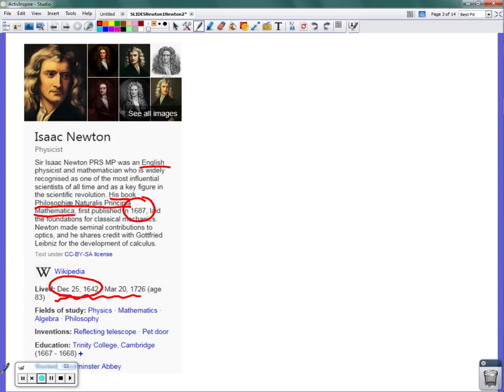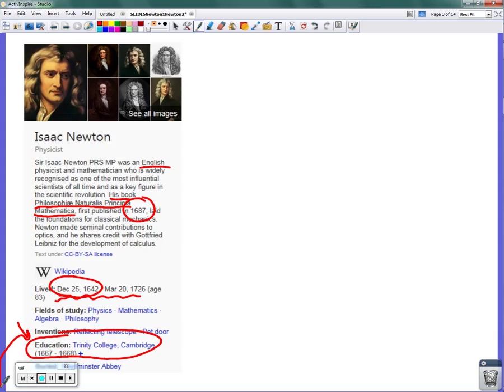You'll notice here down at the bottom it says that he went to Trinity College in Cambridge, which has turned into the University of Cambridge, a famous university in England. So 1667 to 1668, we're talking early 20s. He goes to college just like a normal student would.